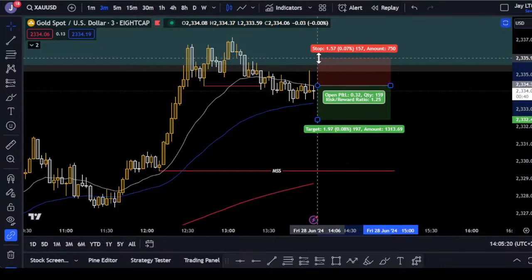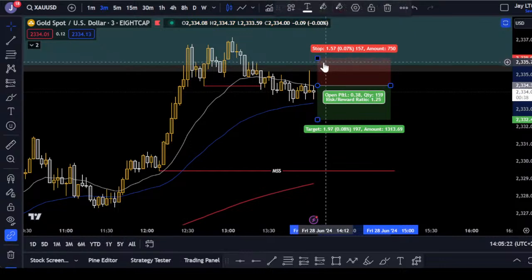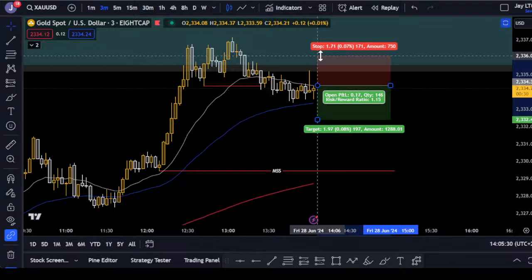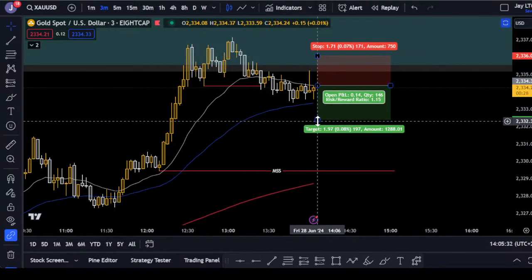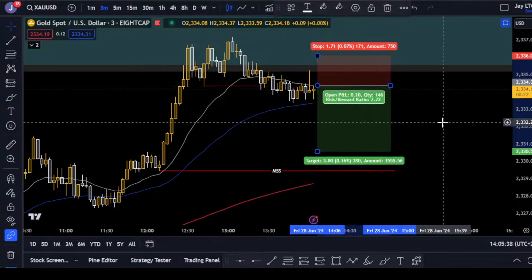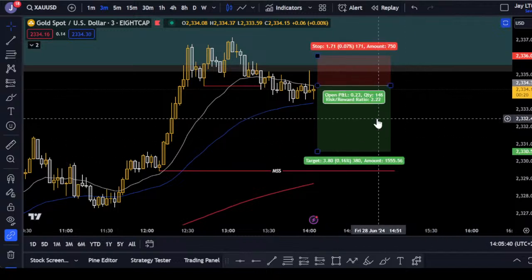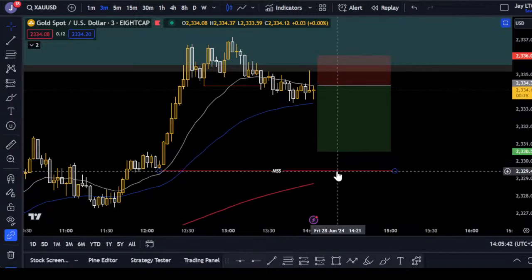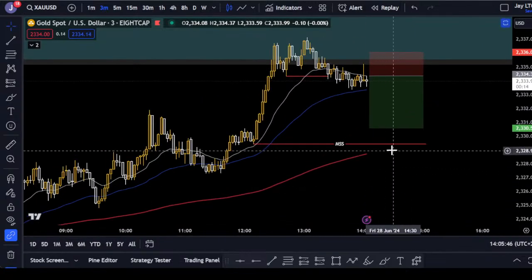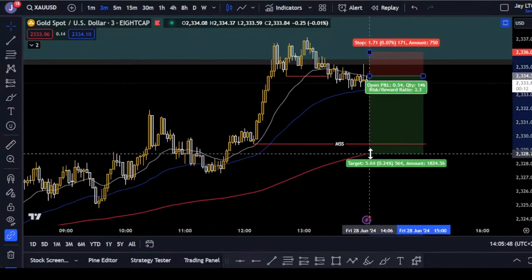I would put my stop loss here, so with a 16 pip stop loss, to gain minimum 38 pips, so 2.2 risk to reward.